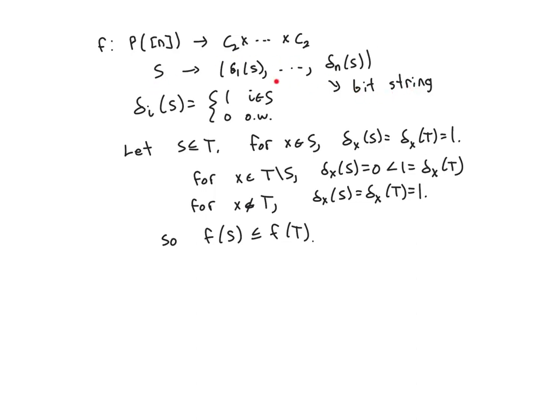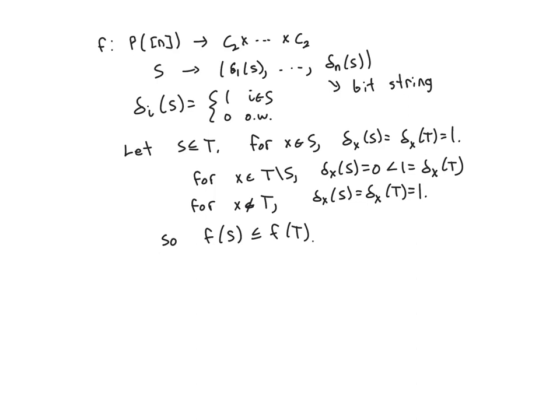You define the inverse: given one of these sequences, you define the set to be the coordinates where the entry of that coordinate is 1. So all I need to show is that this is in fact order preserving. We'll let S be a subset of T. Then for an element x in S, delta_x of S is 1. But since S is a subset of T, x is an element of T, and so delta_x of T is also 1.